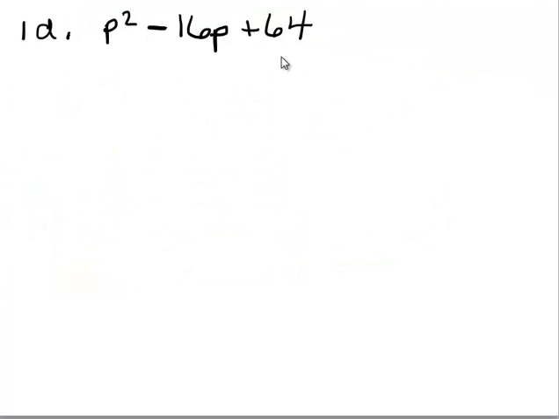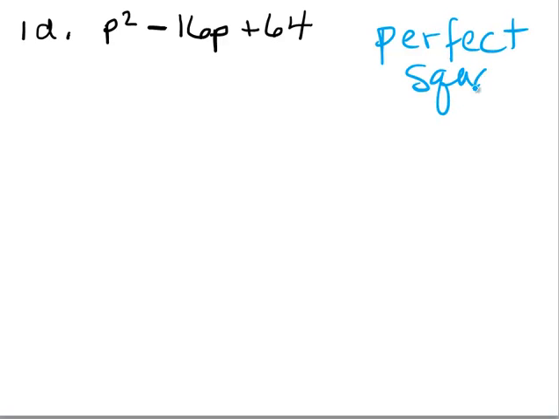So here, this is a perfect square and this is a perfect square. That gives me an idea to give this a try. So I'm looking for perfect squares. The square root of that would be 8. So I have p.